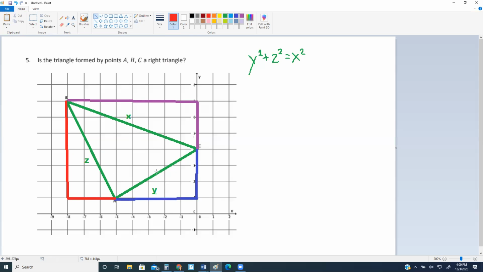There's another right triangle that'll allow me to do this. Now this Y is the leg of the big green triangle, but it is the hypotenuse of the blue triangle. So let's do the blue triangle first.